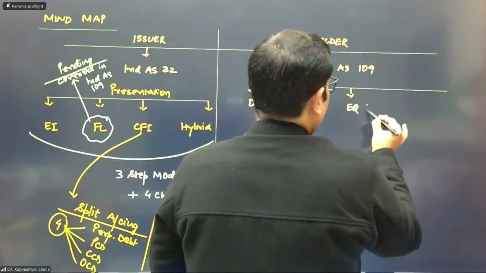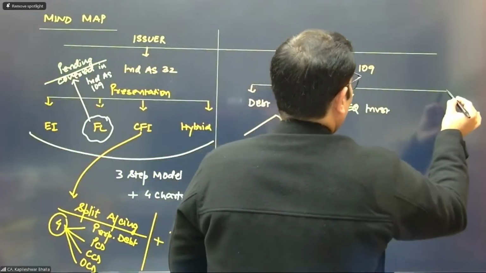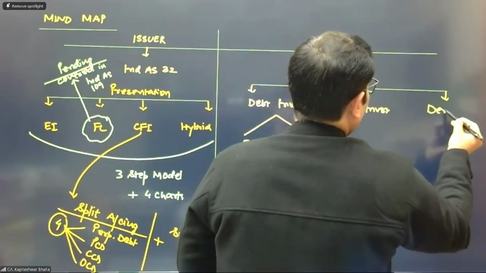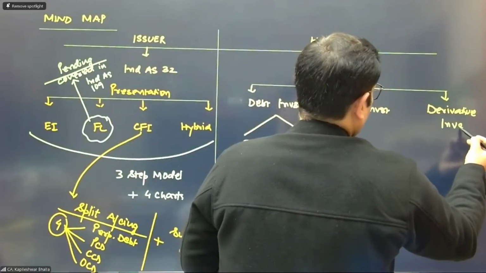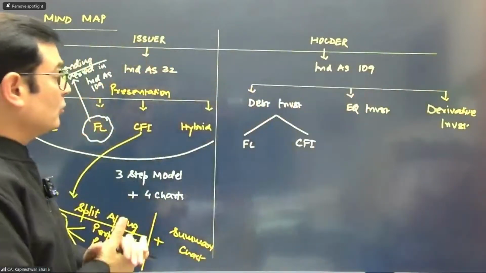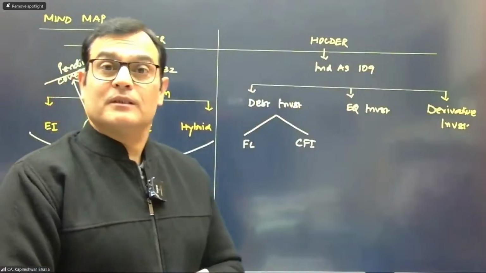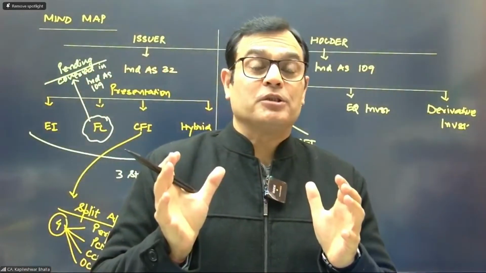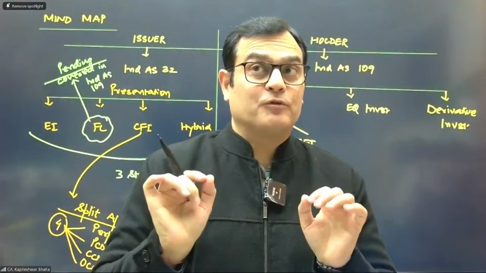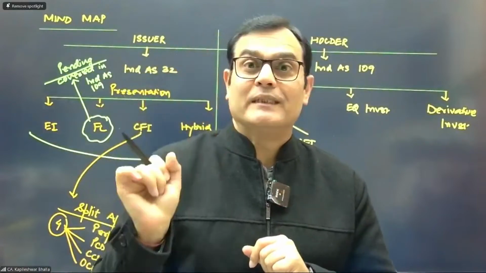So this makes it 2. Then we've got equity investments. And then there are derivative investments. So here also, I gave you a 3-step model with a total of 4 charts. See the mapping. I have intentionally created those 3-step models and 4 charts so that everything becomes very clear at the back of the mind.